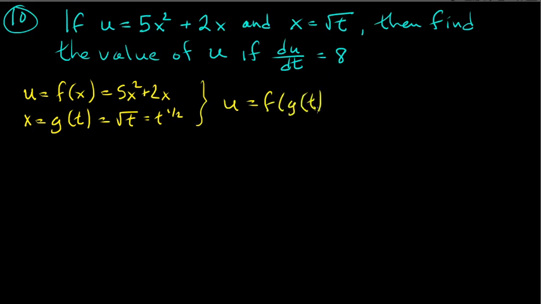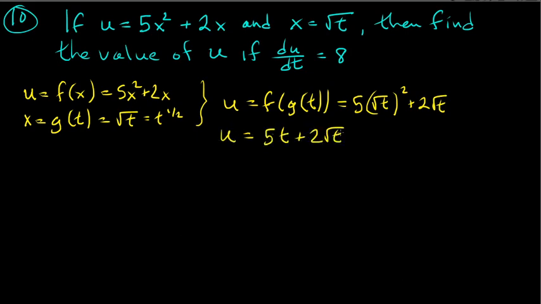It's a function of a function, a composition. So the most direct way to do this is to find what u is in terms of t. And that's not hard to do. Just replace x with the square root of t. So you get 5 times the square root of t squared plus 2 times the square root of t. So u is really just 5t plus 2 square root of t.